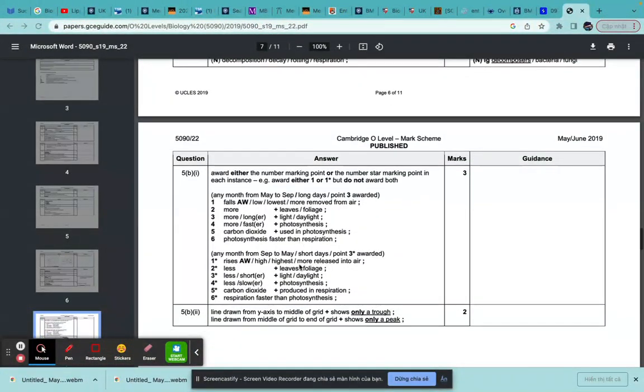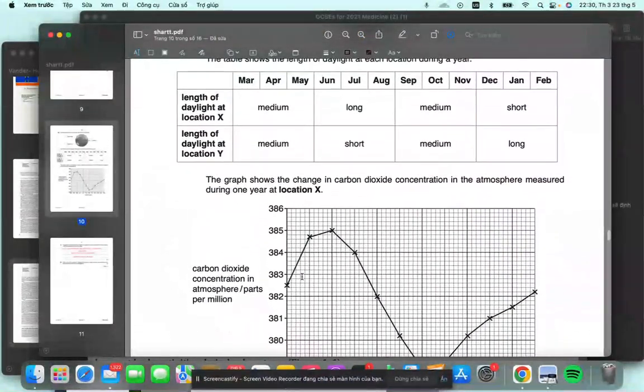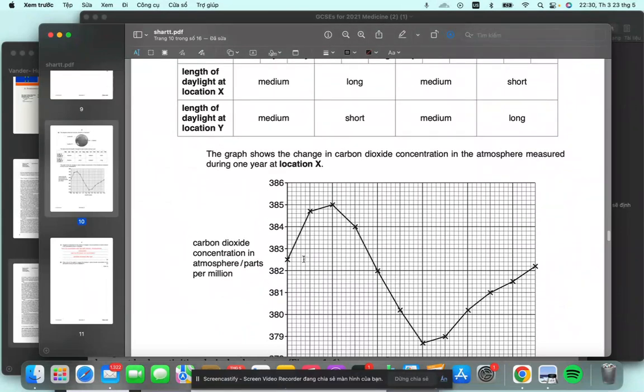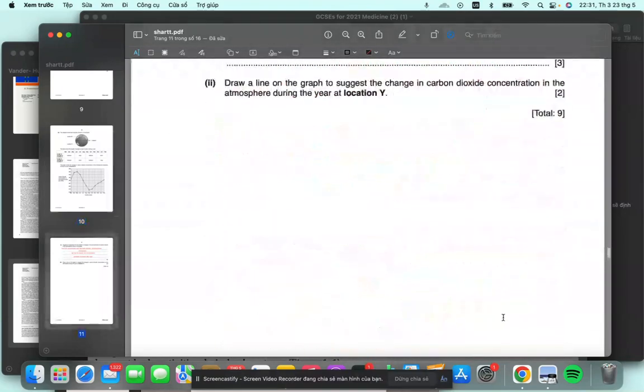We just say what we see. For one year at location X, we just have to swap back. So instead of going down, we just go from here. It goes plateau, it goes there, and then it goes down.